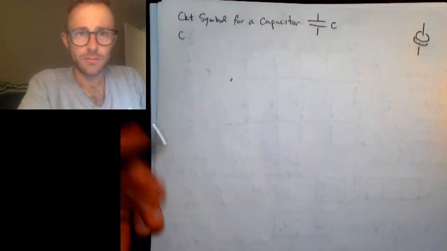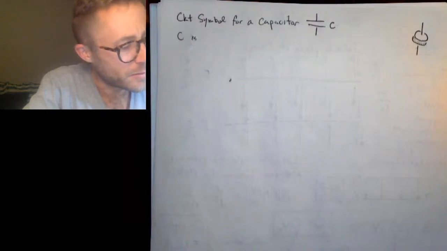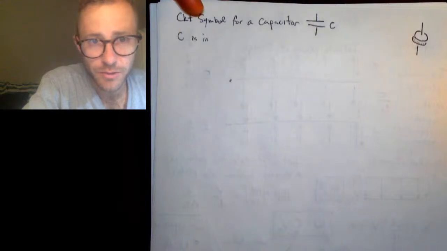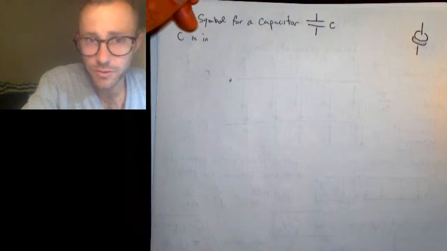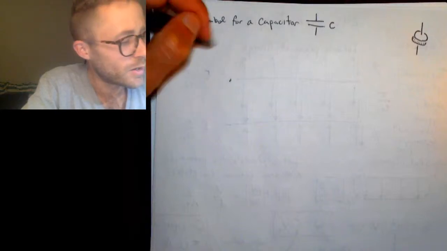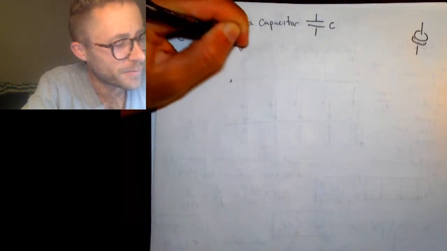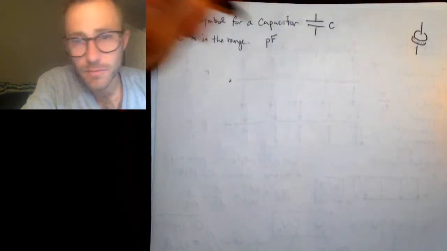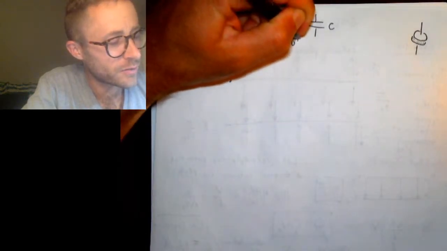And so C is, in most everyday circuit applications, you go to Fry's Electronics or something and buy capacitors. You can buy picofarad capacitors, so that is 10 to the minus 12 farads.